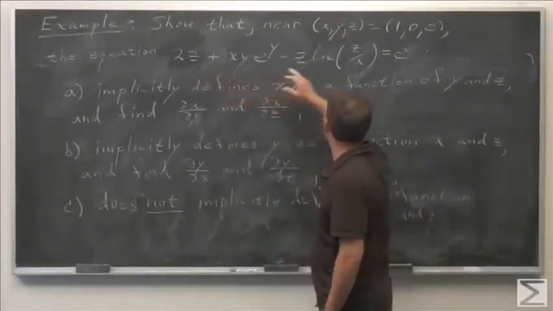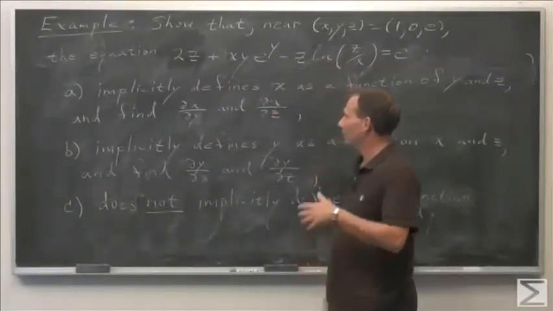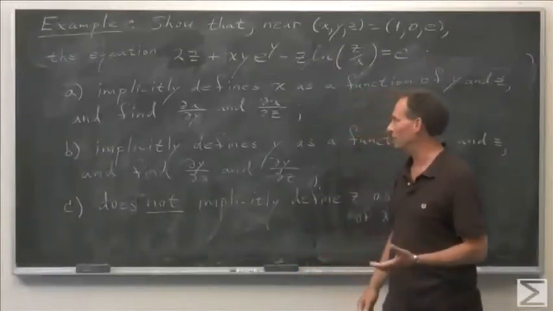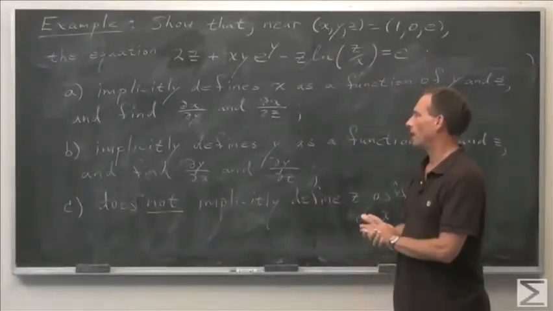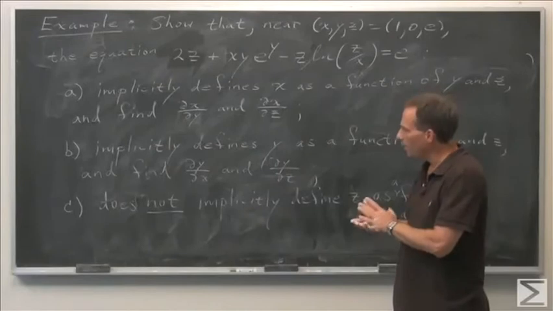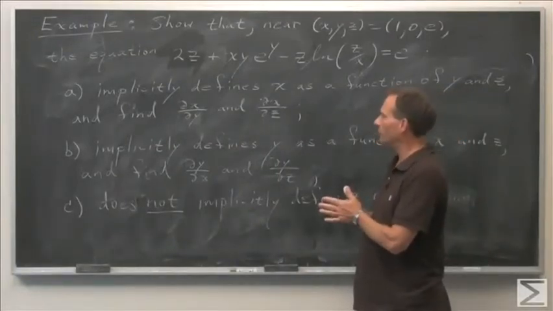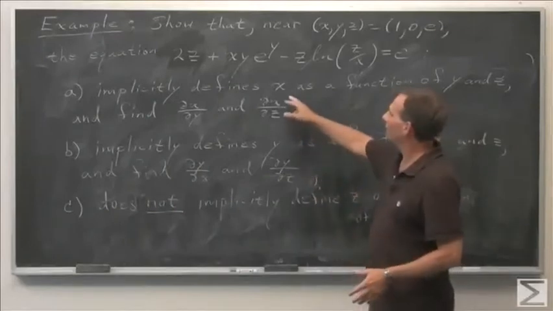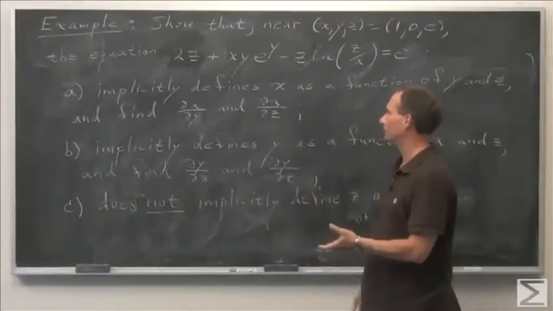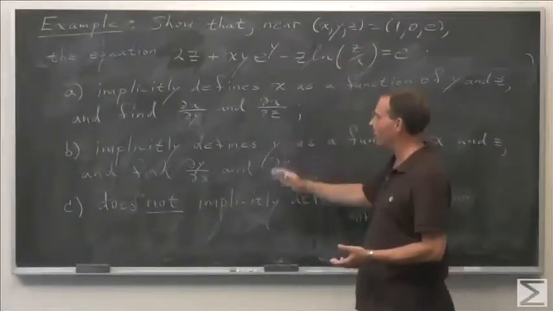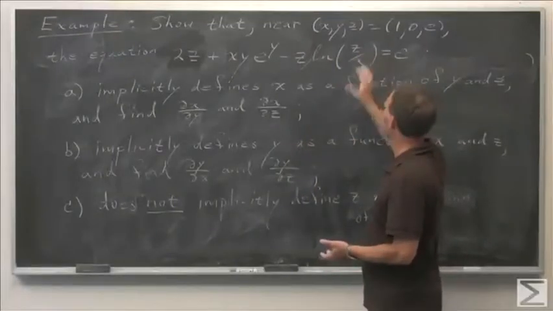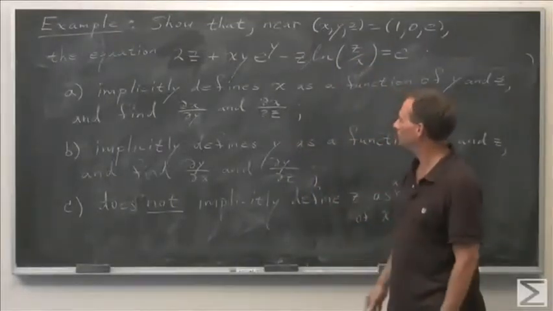And because there's a z there, there, and there, there's no easy way to solve for z in terms of x and y. But the implicit function theorem applies and will tell us that, oh yes, x in fact is a function of y and z near this point, and y is a function of x and z, so there exist functions.